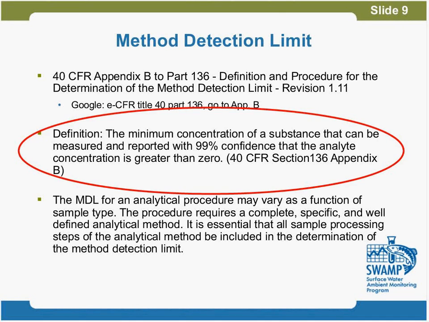And the procedure for determining a method detection limit is in the Federal Register. What we'll find out later is some of these terms are used differently in different contexts. And this is one of the ones where we do have a U.S. EPA definition. And what that definition is, is that the detection limit is the lowest level that we see a signal above 0.